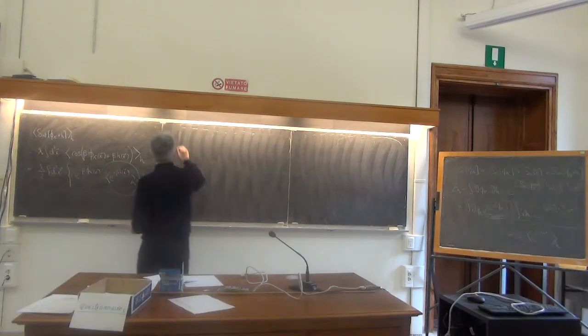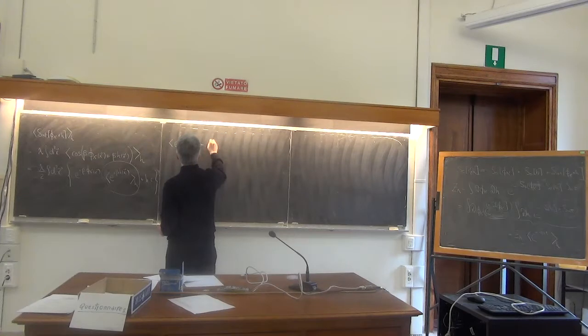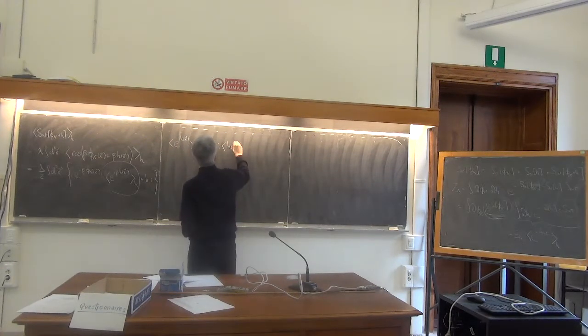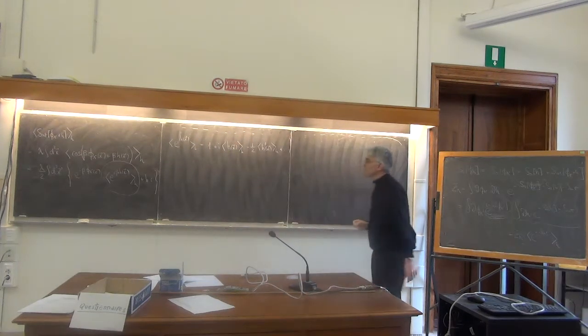So e to the i h of x averaged over h, by definition is just 1 plus i h of x average over h minus a half h squared of x average over h plus dot dot dot. Okay?